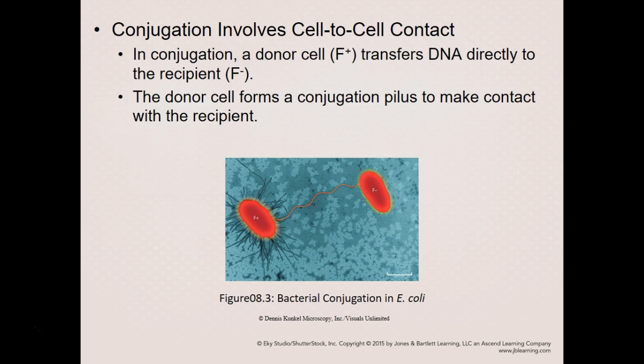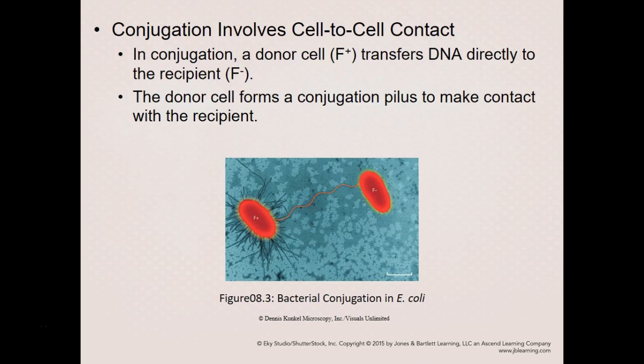Conjugation is the only mechanism of gene transfer where bacterial cells have to touch. With conjugation, we have two different types of bacteria: a plus cell and a minus cell.